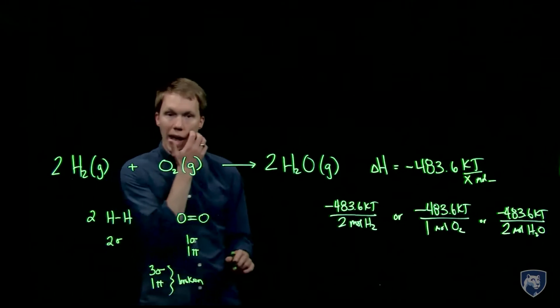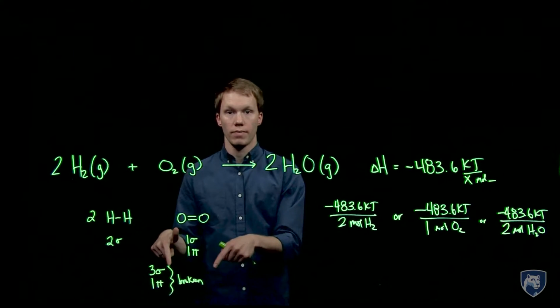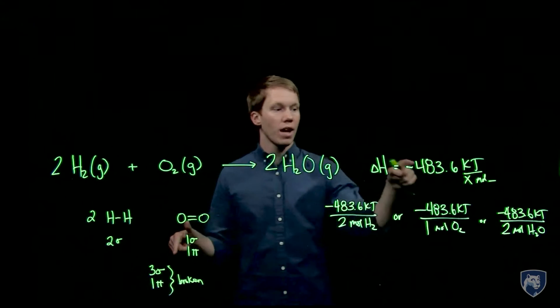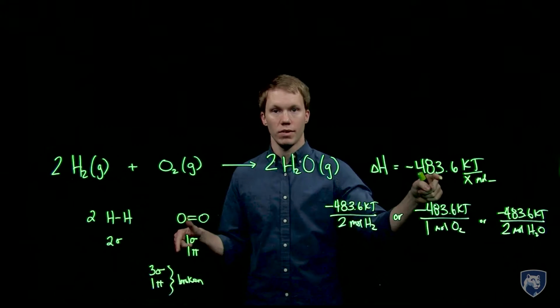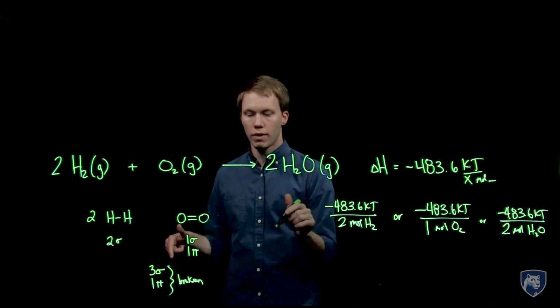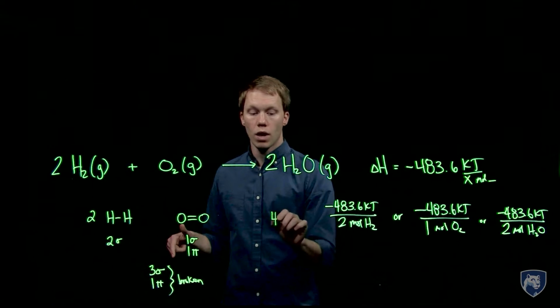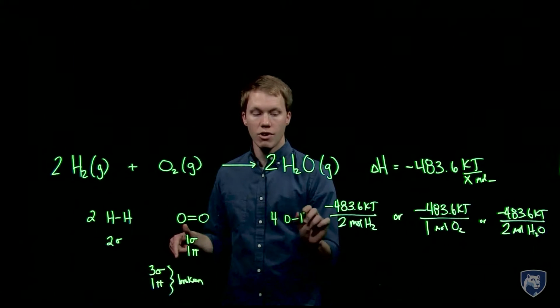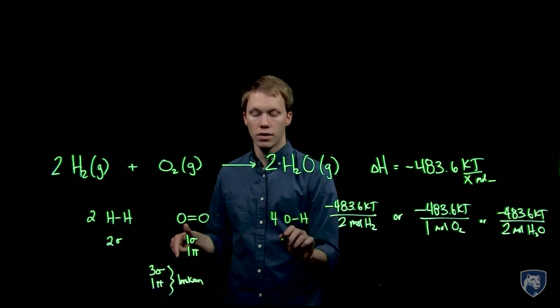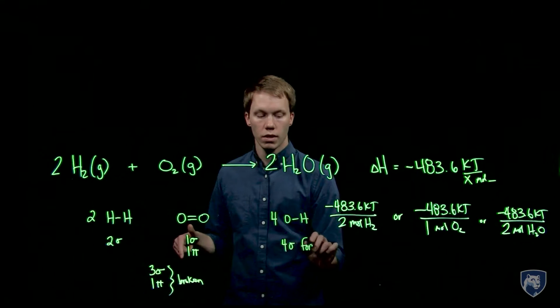All right, and we know that we have to put energy in to break bonds, right? But energy is coming out of this, okay? So that means the bonds that we form, what bonds are we forming? We're forming 4 oxygen-hydrogen single bonds. And these are all sigma bonds. 4 sigma bonds formed.